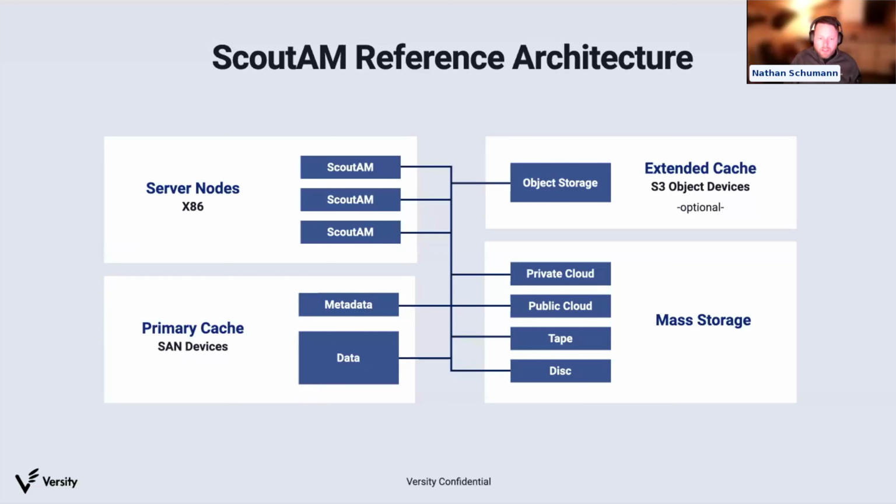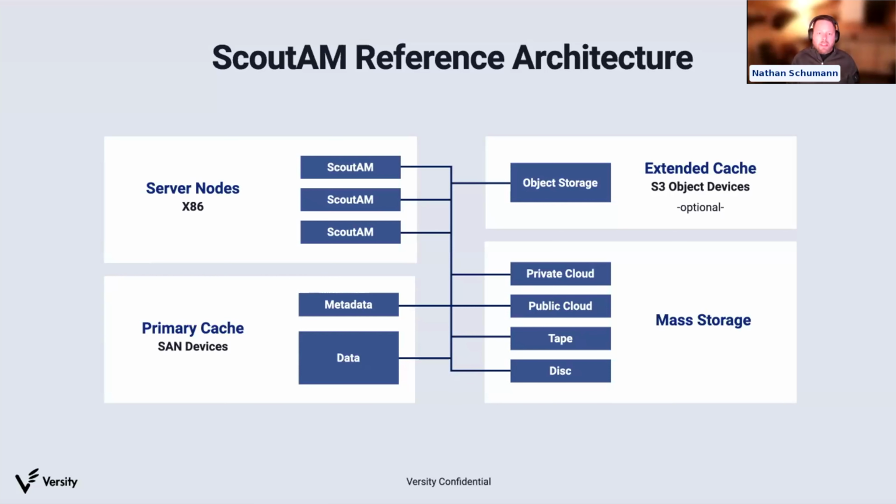And then on the mass storage side, this can be tens to hundreds of petabytes. So again, we've got customers that might have 50 terabytes in their cache, but have 150 petabytes of data being managed under their mass storage. So that really varies depending upon use case and how much data you intend on managing. And then the extended cache is typically somewhere maybe several hundred terabytes to single digit petabytes.